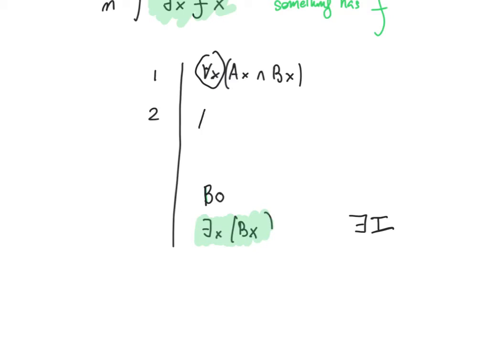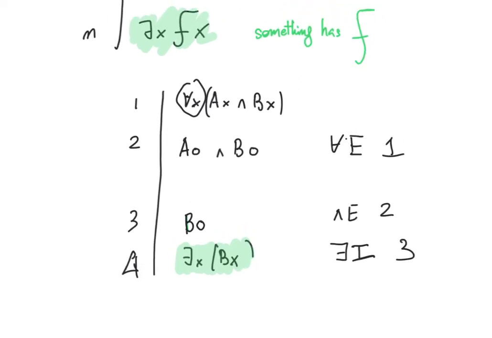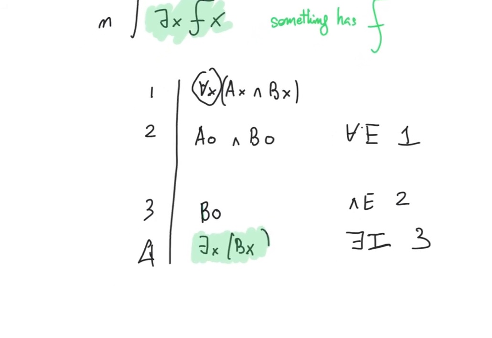So here I'm just going to assert A(O) and B(O), and say that this follows from universal elimination based on sentence 1. Then in the next step, I'm going to do a step of conjunction elimination based on step 2. And in step 4, I'm going to claim victory and say this is existential introduction based on step 3. As usual, go back to the book for the official statements of these rules.